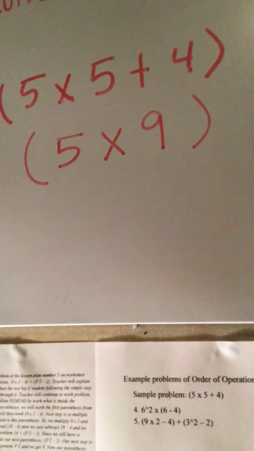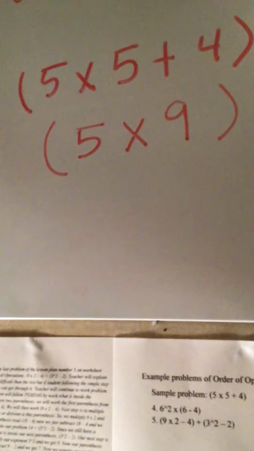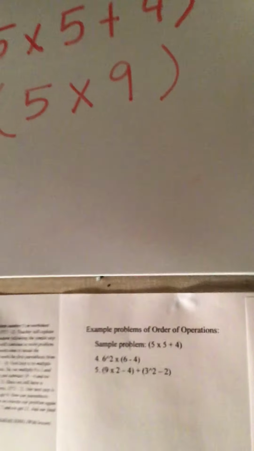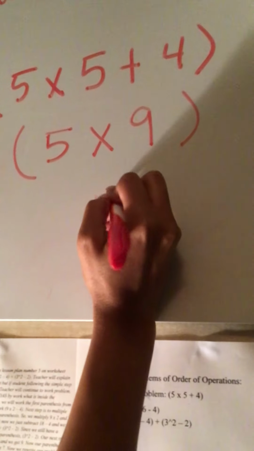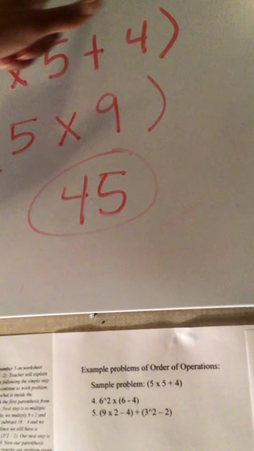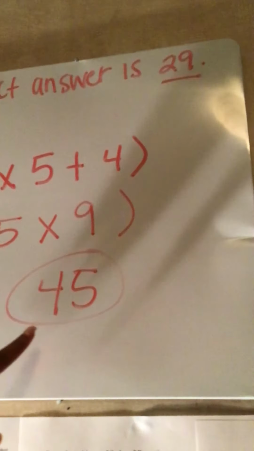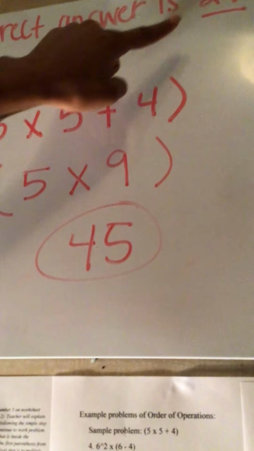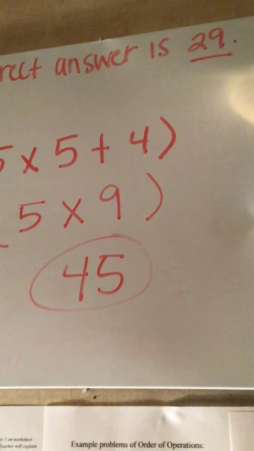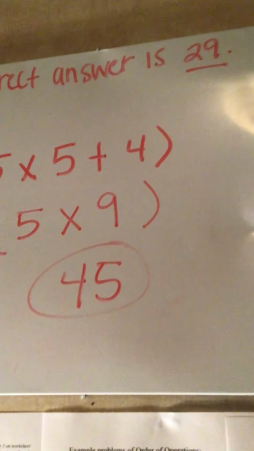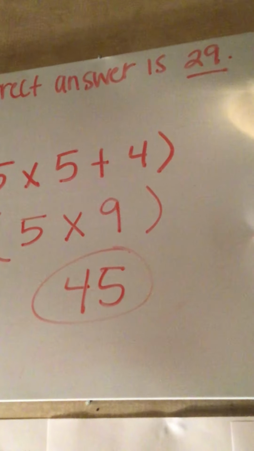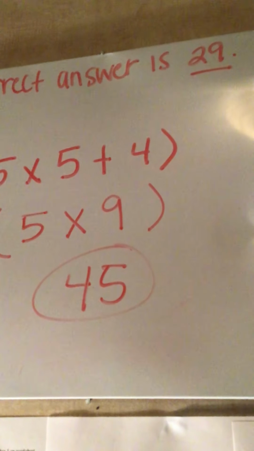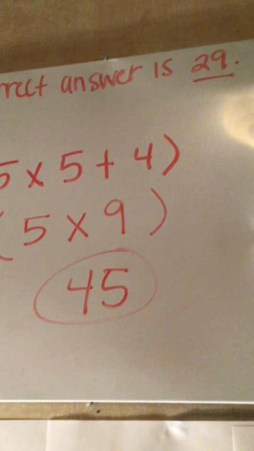And 5 times 9 is 45. And our correct answer is 29. You see that doing it the incorrect way and the correct way, you do not get the same answer. So that's why it's very important that you work these order of operations problems using the PANDA way.